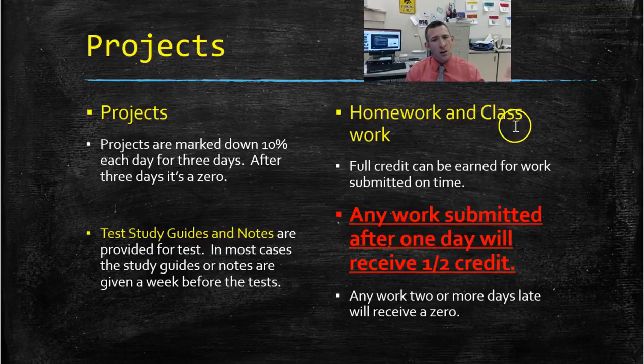Classwork. On homework and classwork, if you're late a day, it's 50%. If you're late 2 days, it's a 0. I have 160 students, basically. I cannot keep my sanity and have time with my family if I'm letting people trickle work in 3, 4, 5 a week late, and it piles up, and I have 20, 30, 40, 50 students pulling this with me.